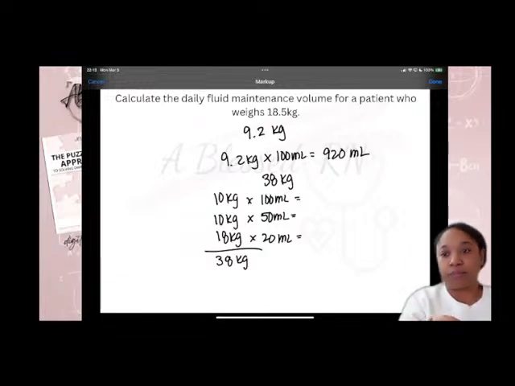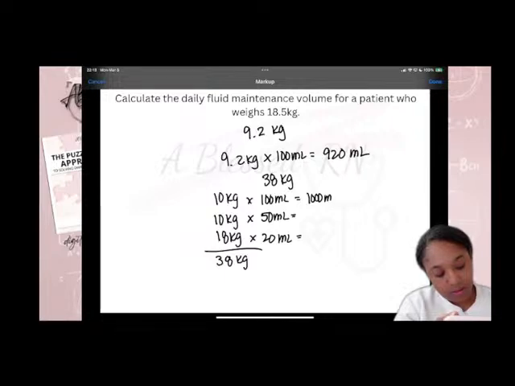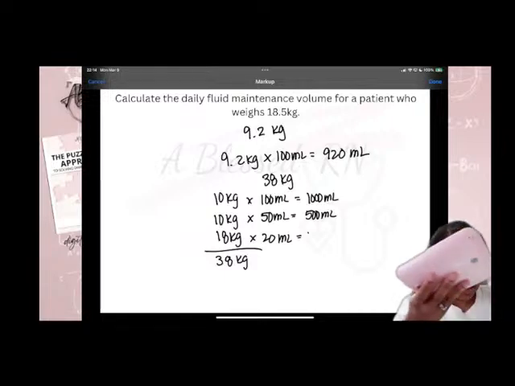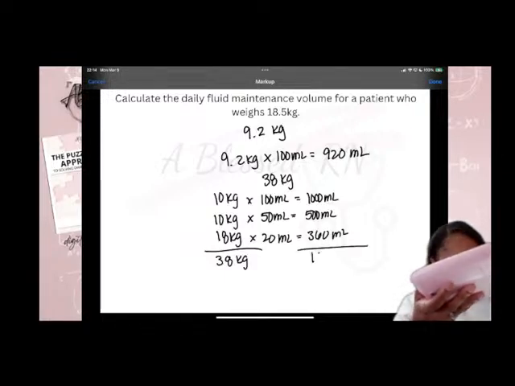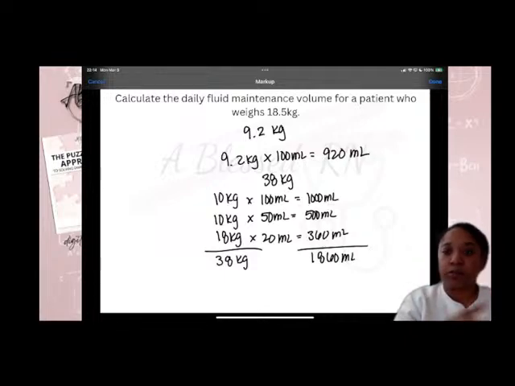Same way. You're welcome. So that's 1,000. That's 500. 18 times 20, 360. So 1,860 would be our answer. Why 18?